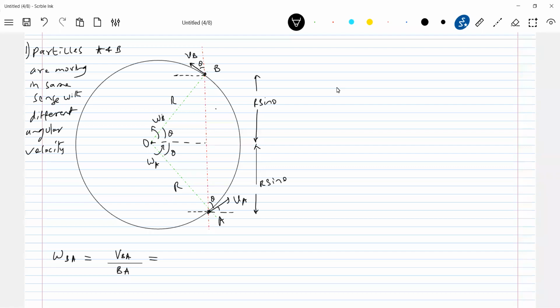VB sine theta minus of minus VA sine theta. Why negative sign? Because if I take VB sine theta positive, then VA sine theta should be negative, no? Then what is the length BA equal to? 2R sine theta.